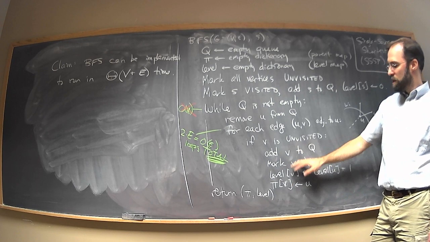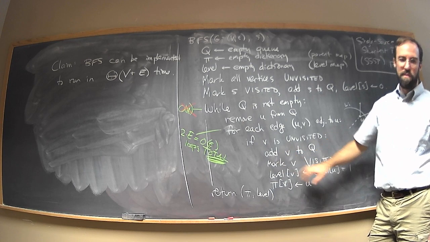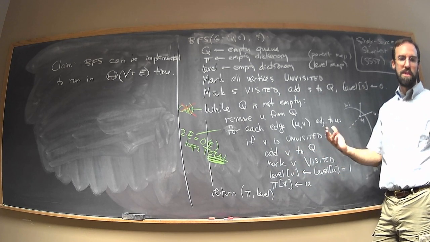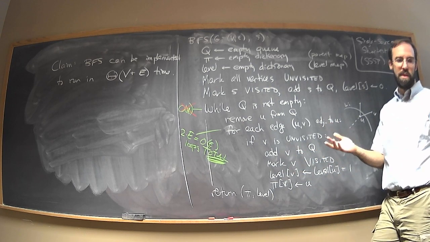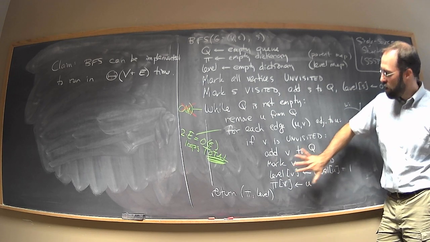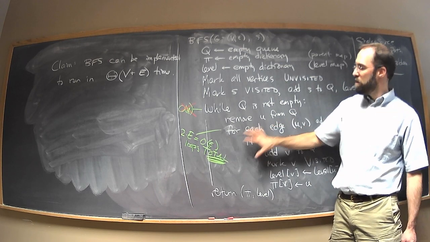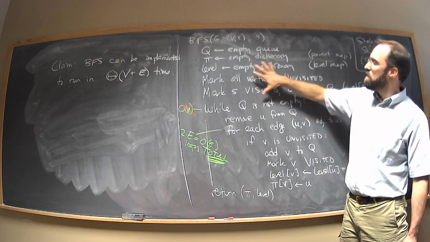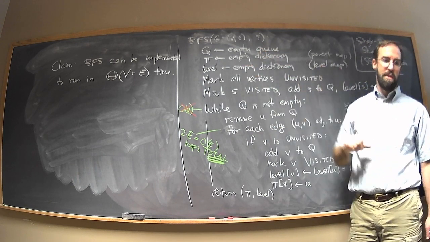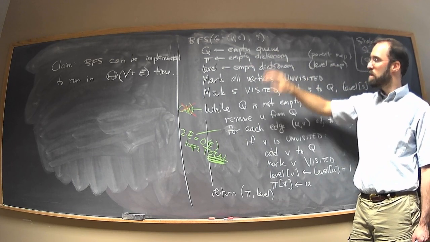Each of those things is constant time. There's like 4 of them, and doing 4 things that each take constant time is also constant time. So we do a constant amount of work, theta of E times. This takes theta of E, this takes theta of V, and so the total is their sum, because we do this and then this.